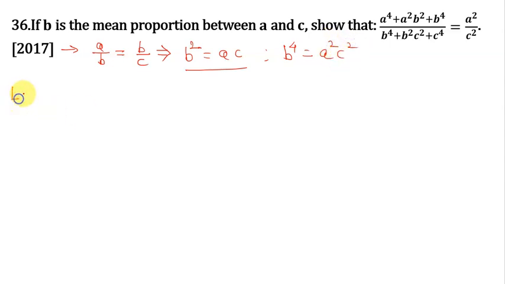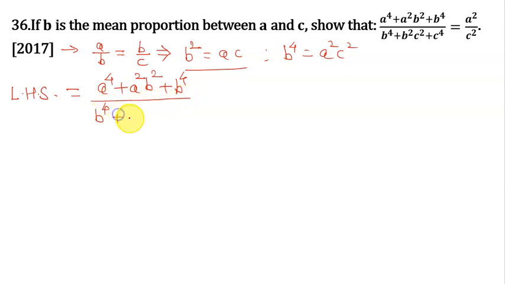Now first we will consider the LHS. LHS is equal to (A raised to 4 plus A square B square plus B raised to 4), and this whole divided by (B raised to 4 plus B square C square plus C raised to 4). Now A raised to 4 stays A raised to 4. Next, A square into B square means A square into AC.